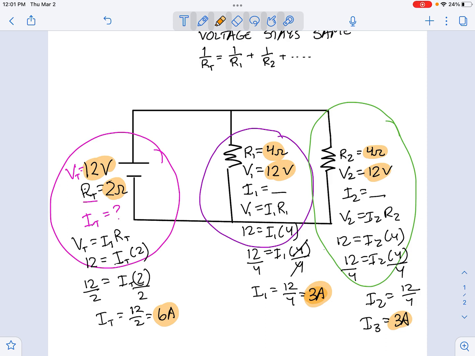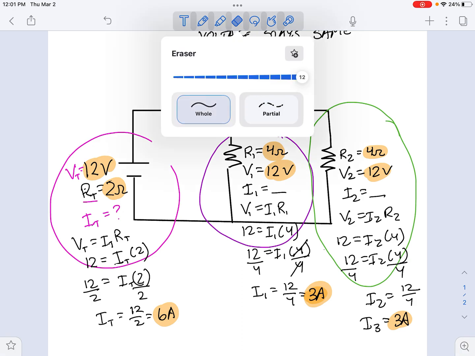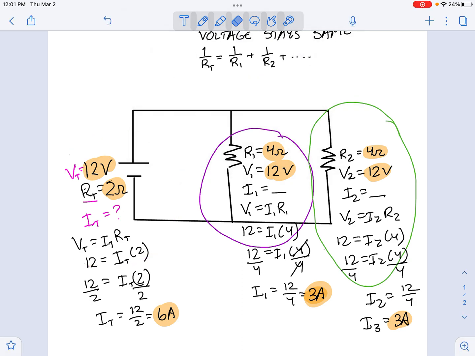Okay? All right, I'm going to erase this, and then I'm going to give you another example to try to do.